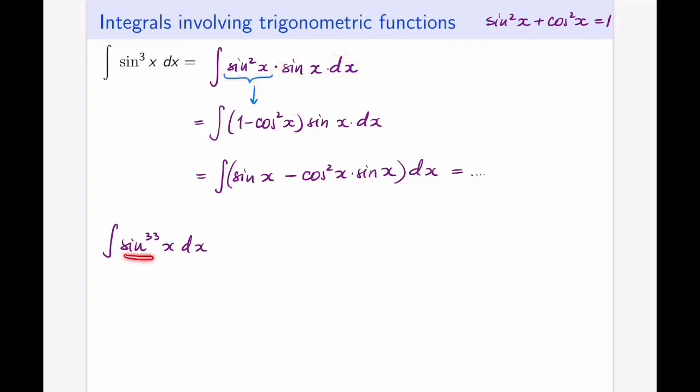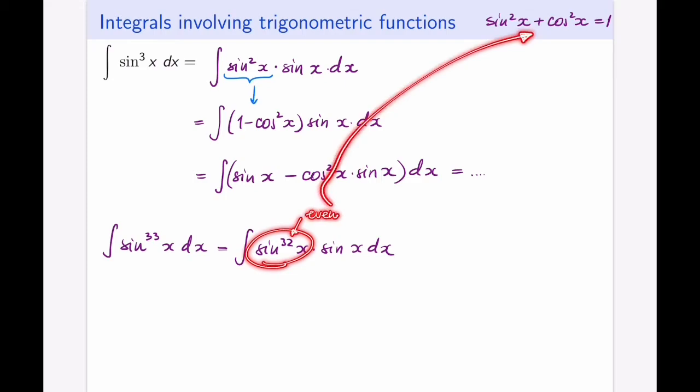So if I have sine to the power 33 x, then I can do something very similar, where I will separate one of the sines in order to get at that substitution, sine x dx, and the other sine that now appears to an even power, I can leverage my basic trigonometric identity to rewrite all of this in terms of cosine.